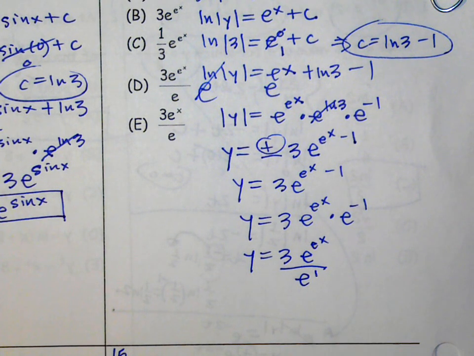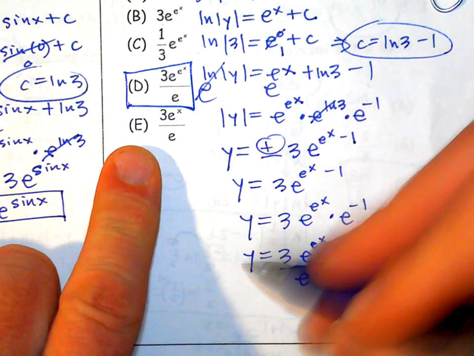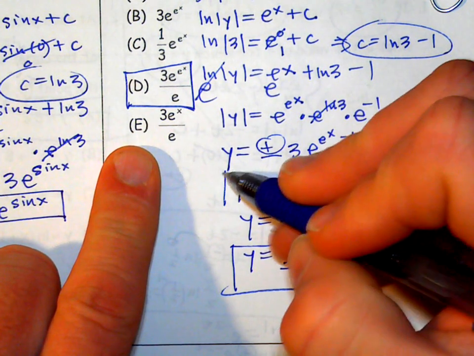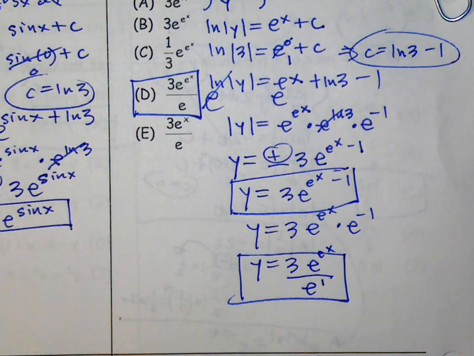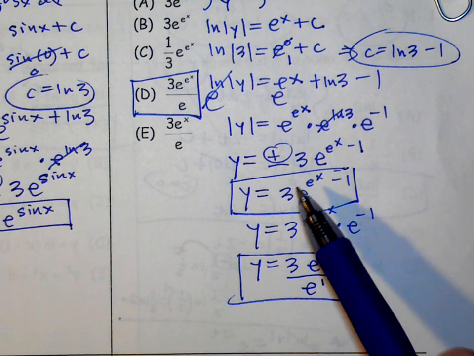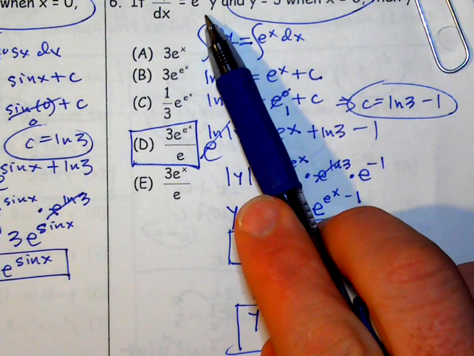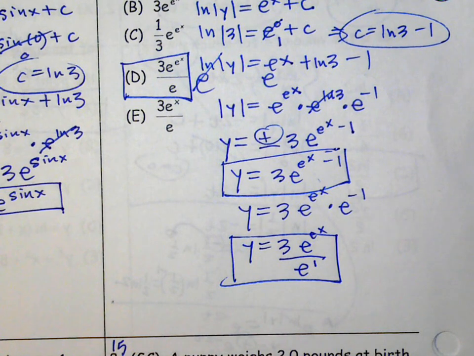And I think that's D, right? So, I mean, this would have been good enough if it were for a free response. Domain, I mean, just looking at it, there's no domain issues here. There's no domain issues at the original derivative, so the domain would be all reals.